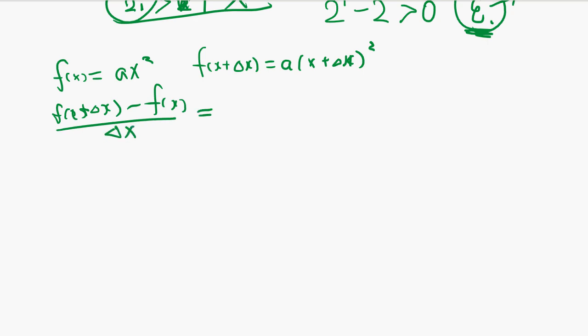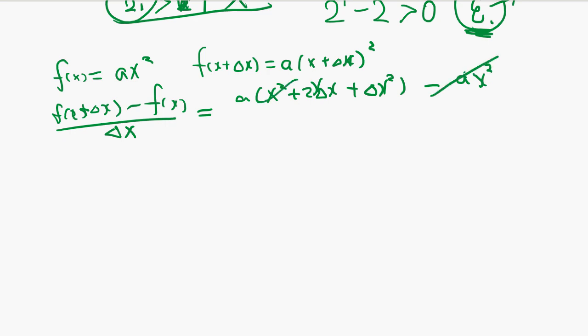So this is algebra. It's going to be a x squared plus 2x delta x plus delta x squared, minus a x squared.